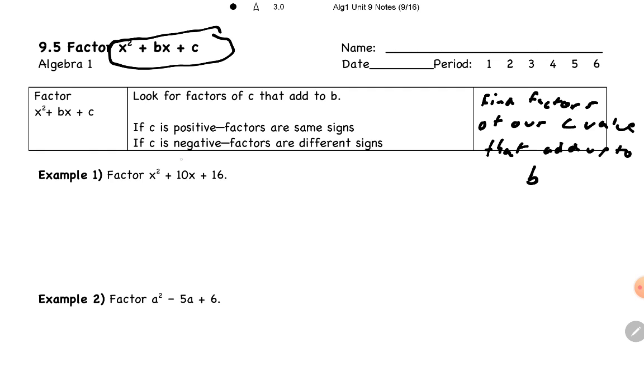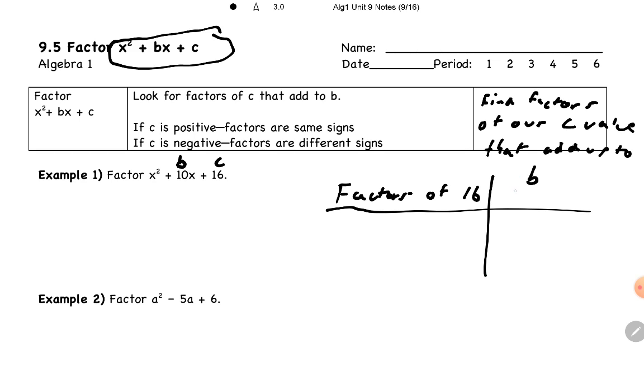So for example, my b value is 10. My c value is 16. So we're looking for factors of 16, and then we're going to look at what they add up to.